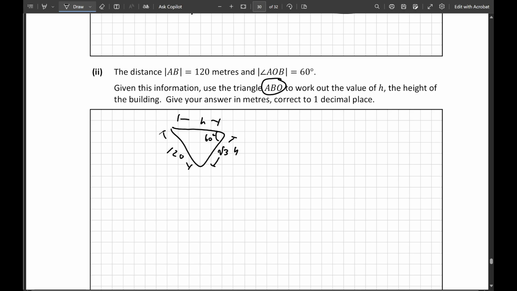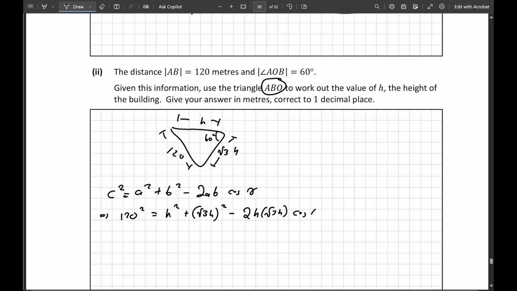So I'll mark each of these. This is the cosine rule. c squared is a squared plus b squared, take away 2ab cosine of gamma. So 120 squared is h squared plus square root of 3h, all squared, take away 2h root 3h cosine of 60.